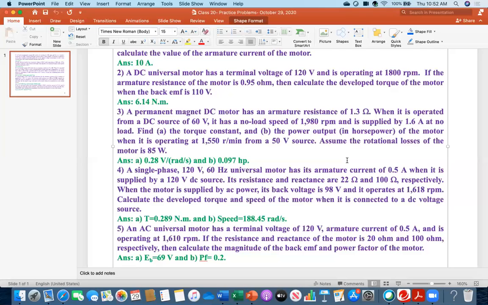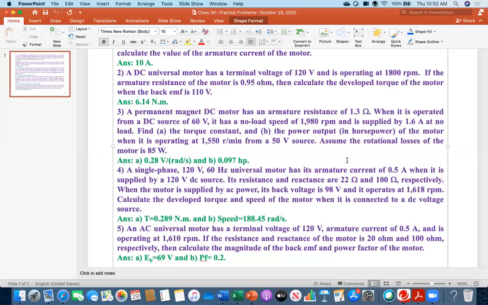For the impedance 20 plus j100, you can calculate its magnitude, and you will see there is an angle with that. So the power factor is cosine of that angle. This is one way. The other way is that power factor cosine theta is R over Z, resistance over the magnitude of impedance. So this means 20 over root of 20 square plus 100 square.